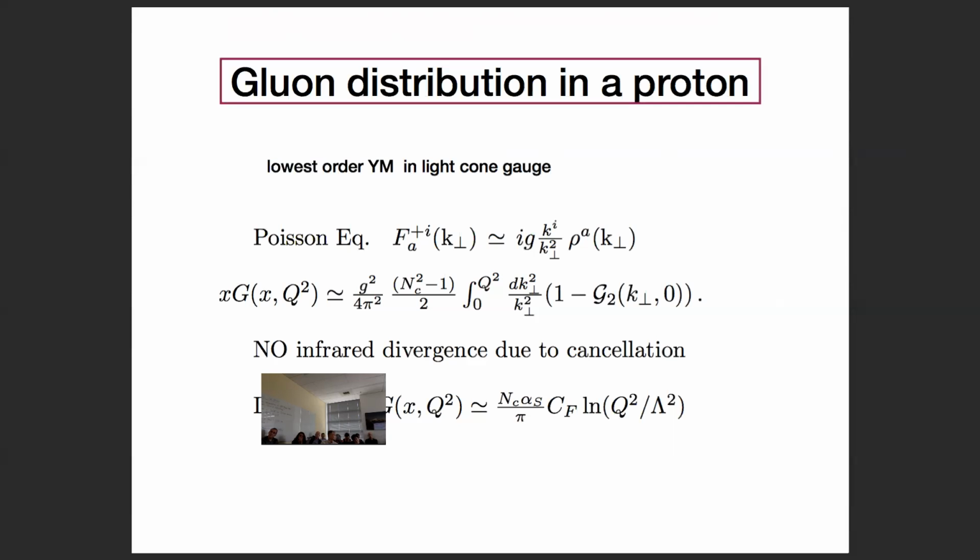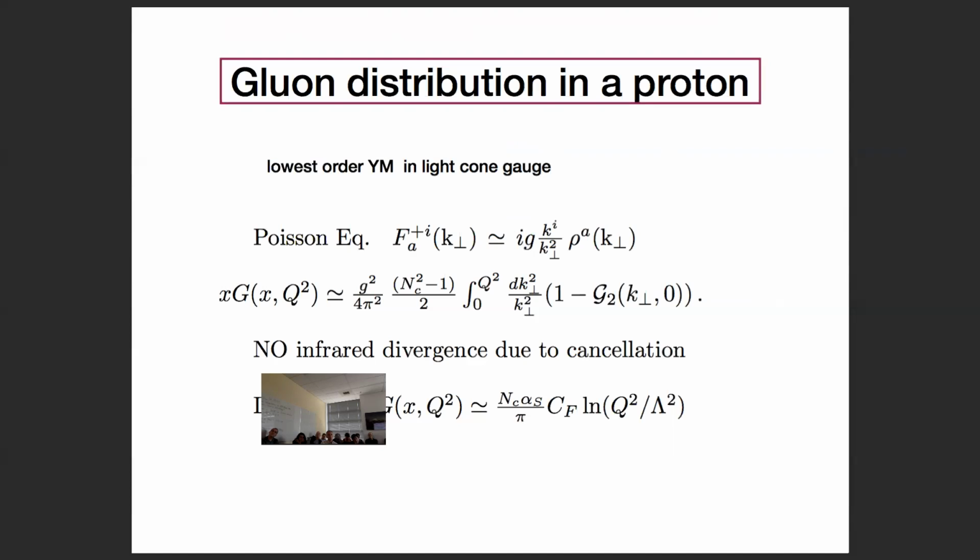F^{+i}, which is the quantity that enters in the gluon density, goes as k^i over k squared times the densities. It's exactly analogous to E and M. And the gluon distribution involves the matrix element of the square of this, F^{+i} F^{+i}. Then when the dust clears, you get xG(x,Q squared) with some color factor and an integral from 0 to Q squared of this very same form factor combination.